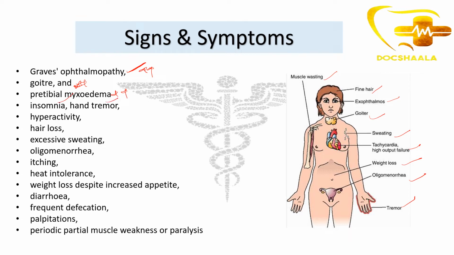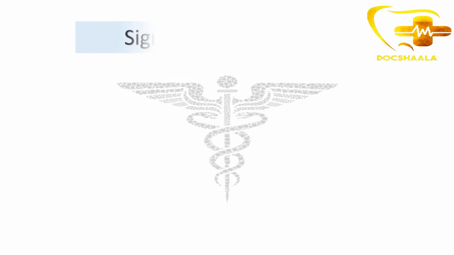Insomnia, hand tremor, hyperactivity, hair loss, excessive sweating, oligomenorrhea. These are some common symptoms which we see in thyroid gland diseases, right? Itching, heat intolerance, weight loss despite increased appetite, diarrhea, frequent defecation, palpitations, periodic partial muscle weakness or paralysis. These are some signs and symptoms which we see commonly. But Graves' ophthalmology, goiter, and pretibial myxedema are some which are peculiar to Graves' disease.